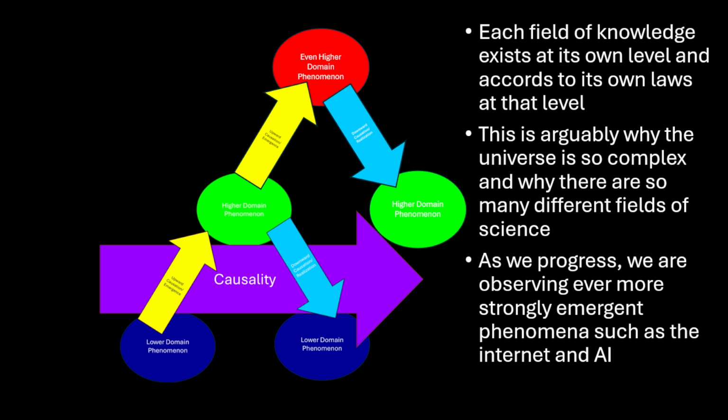And things like AI, like large language models, these appear to be super strongly emergent phenomena that are capable of doing things that are just totally unexpected and unpredictable. And that's actually one of the things about AI, is that the way it behaves appears to be unpredictable. At least unpredictable using fundamental laws, but we should be able to predict them once we understand the more holistic principles which govern their behavior.